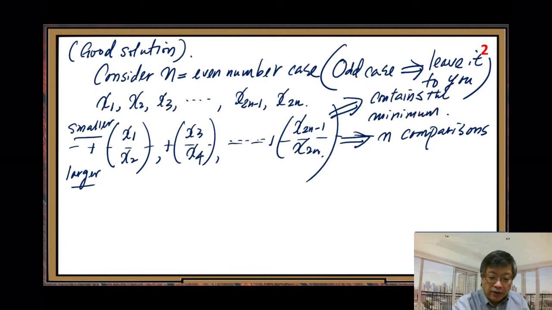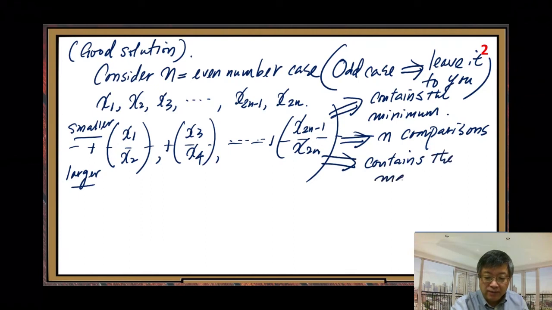The lower group contains the maximum. This observation is critical.